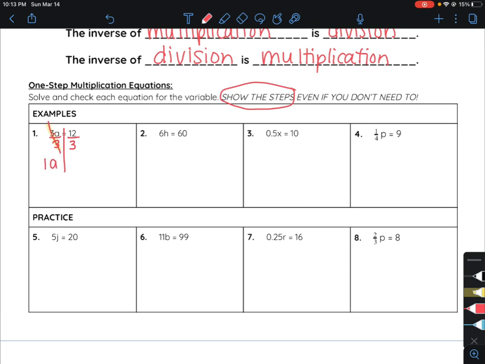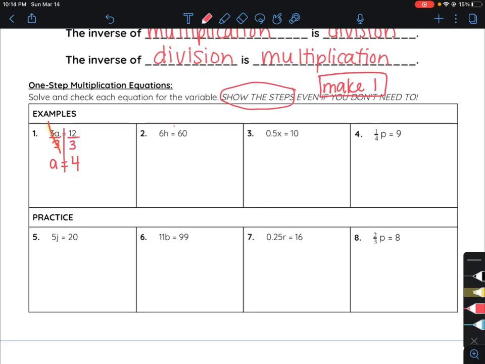Meaning we just got 1a, 1 times a. That's the identity in multiplication, so we don't write it. It's just a. It's the equivalent of adding 0. a equals 12 divided by 3, which is 4. So our goal for multiplication and division equations is to make 1, the identity.